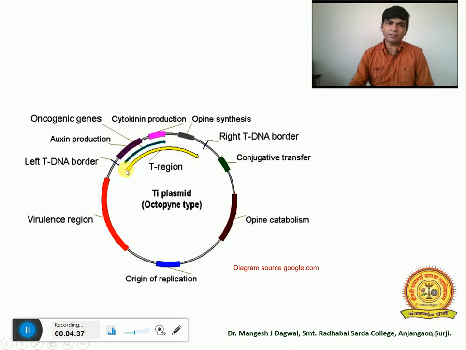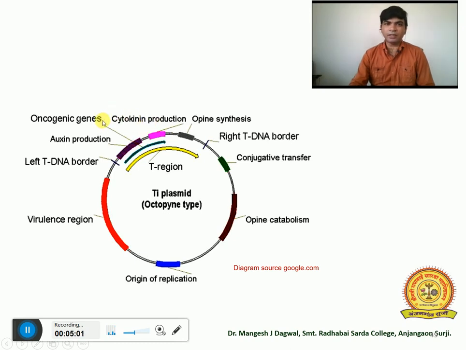Along with that, in the tDNA region, there is the presence of genes responsible for the production of various plant hormones. These are the genes responsible for auxin synthesis, and another gene for cytokinin synthesis.